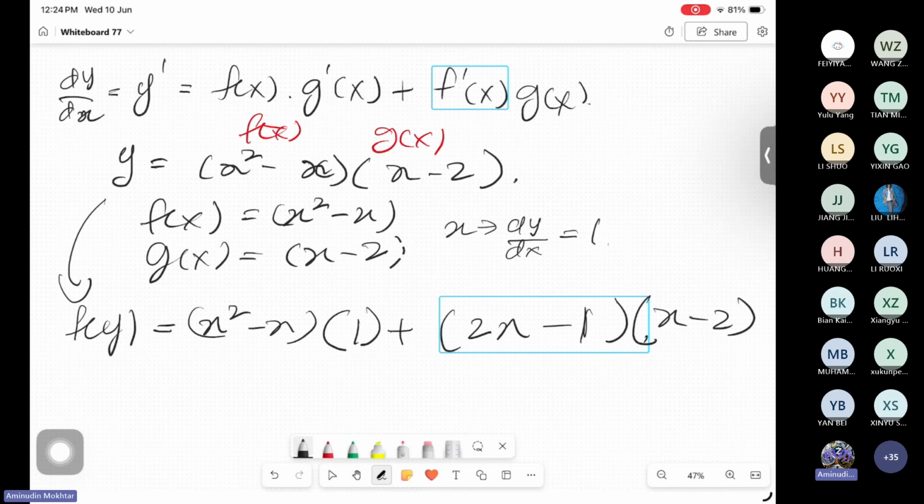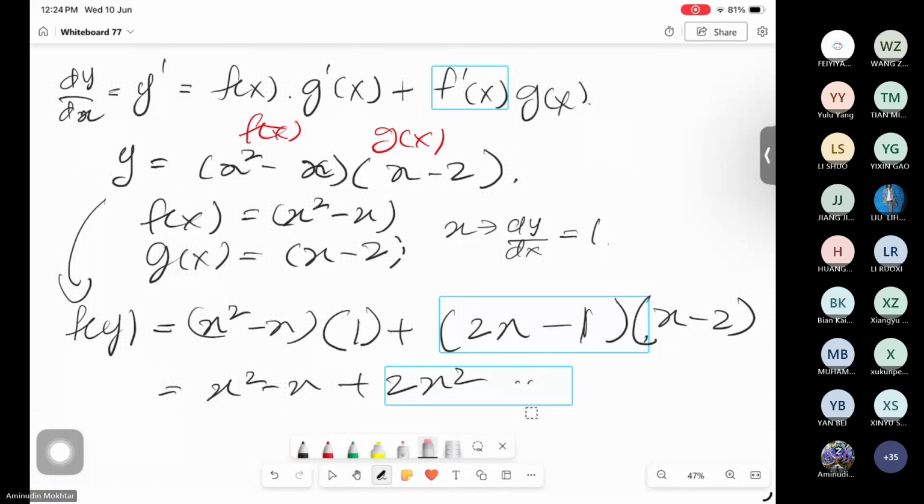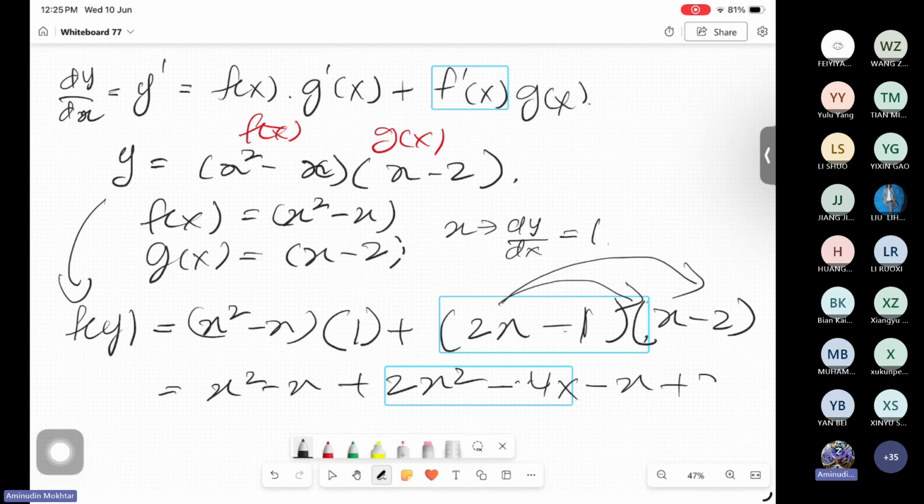Based on the product rule, we can write x squared minus x, plus 2x times x, 2x squared, then 2x times negative 2, negative 4x, then negative 1 times x, negative x, plus positive 2.